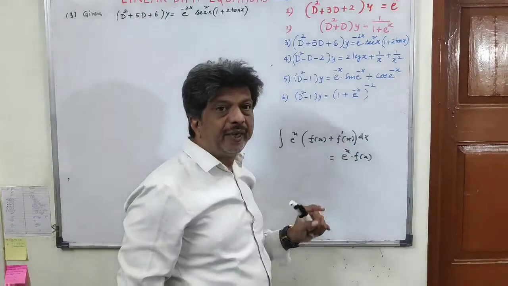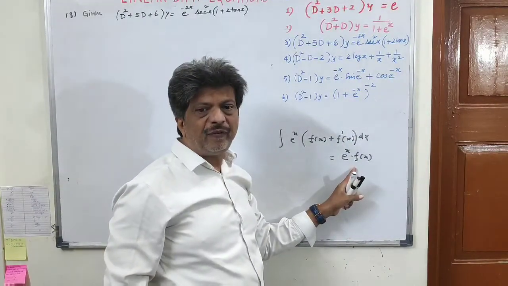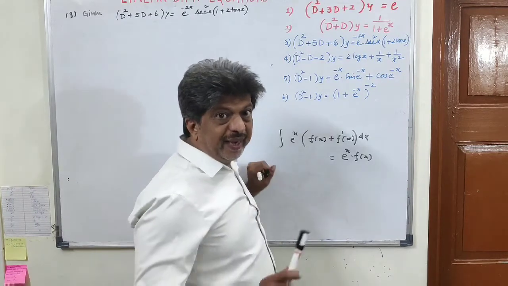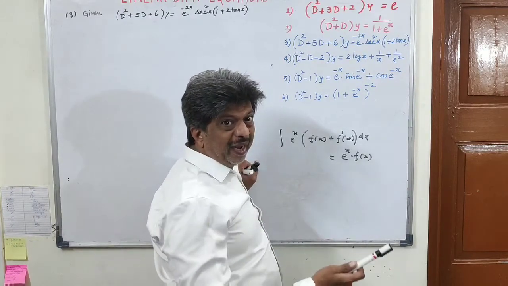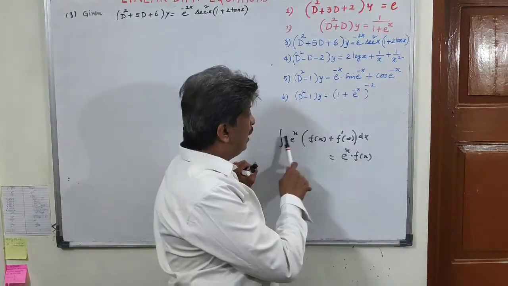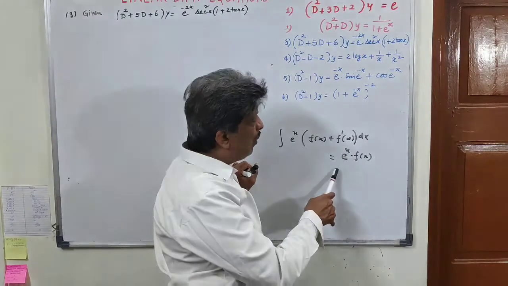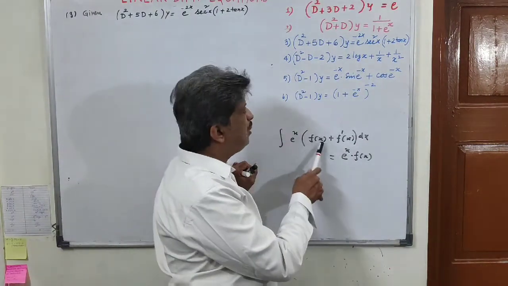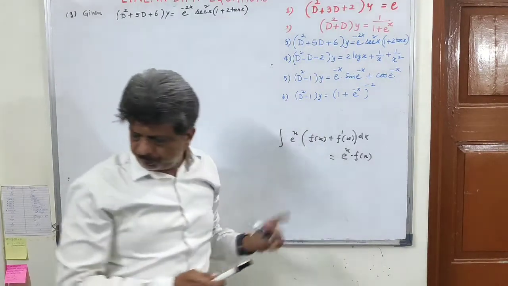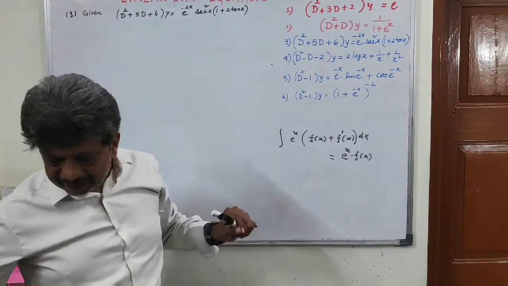Integral of dt is t, which is e raised to power x f of x. Because the derivative of e raised to power x into f of x is first function e raised to power x into f prime of x plus derivative of first e raised to power x into f of x. So this property I am using in this example.